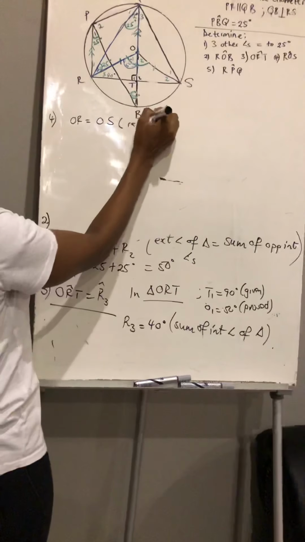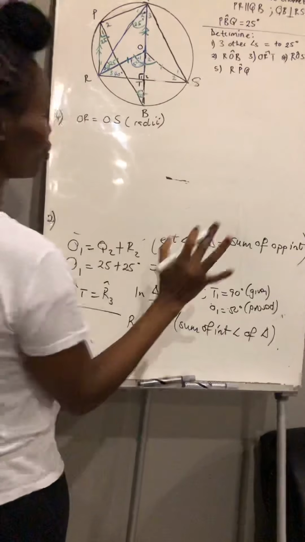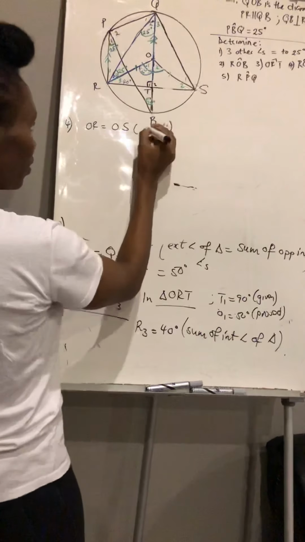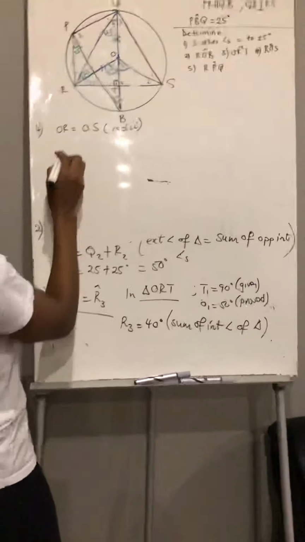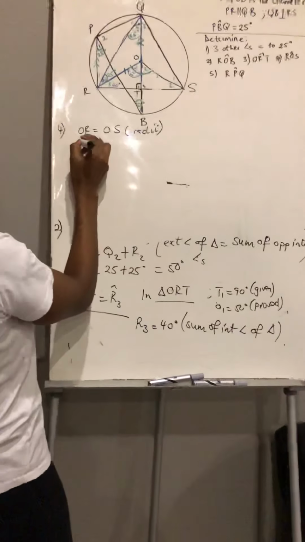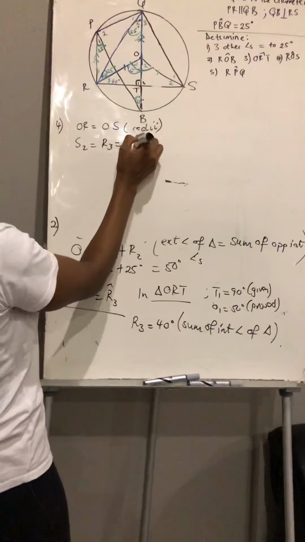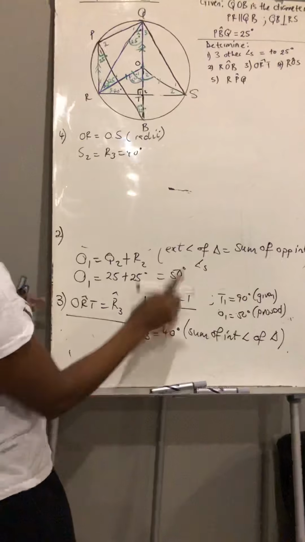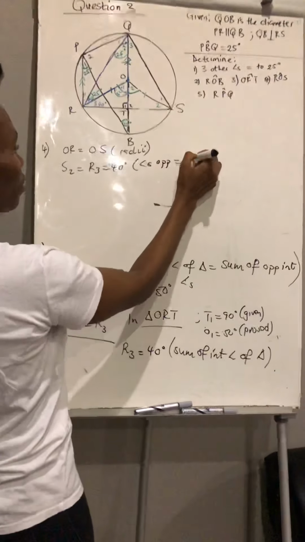You know, good manners are very important. You don't want to make assumptions, because we will never assume. We'll only mark what we see. So OR is equal to OS, that's the radii. What it means is that S2 is going to be equal to R3, which is 40 degrees. Remember, that's what we just finished calculating. So these are angles opposite equal sides.